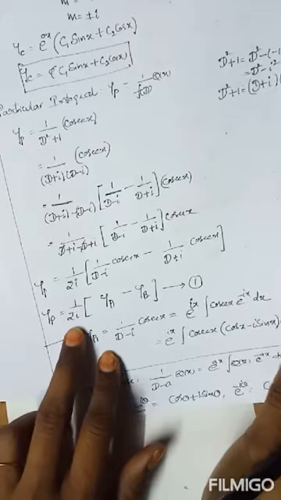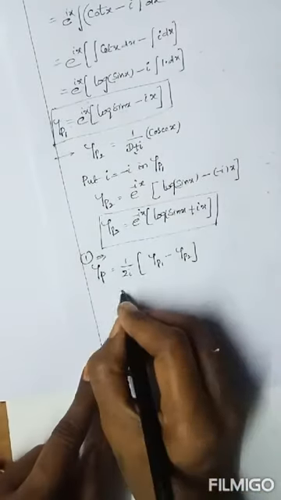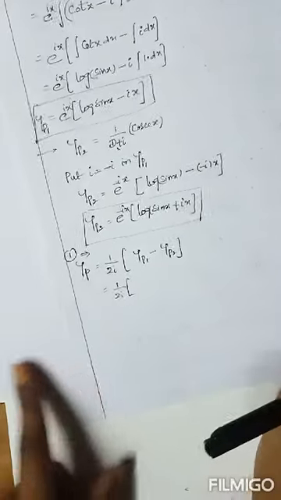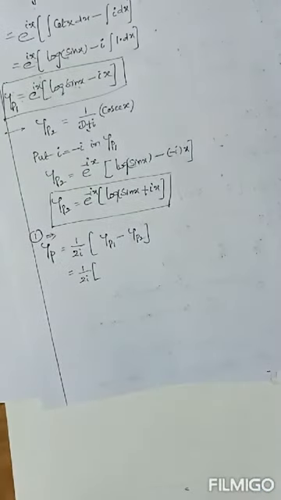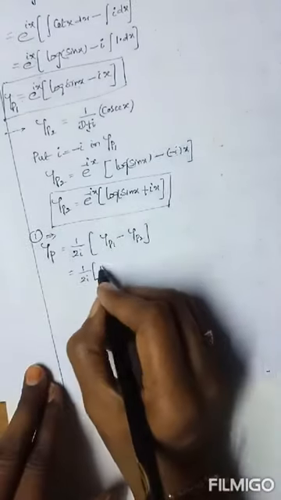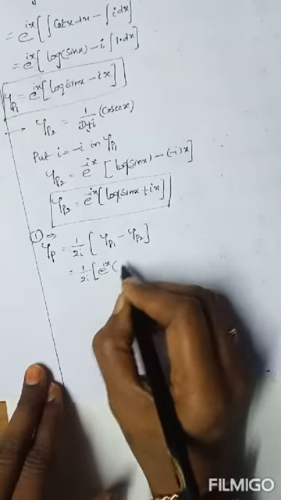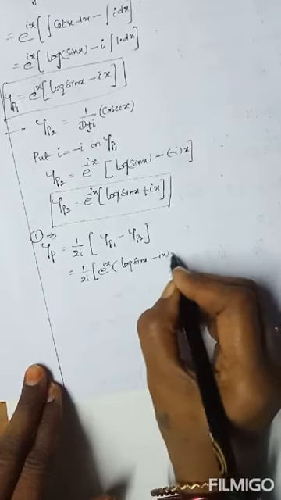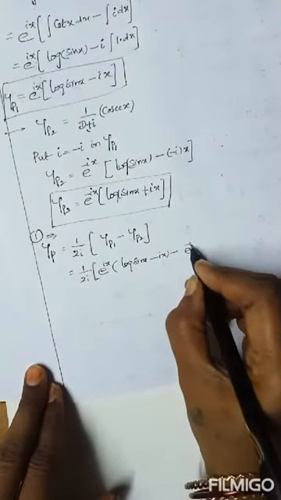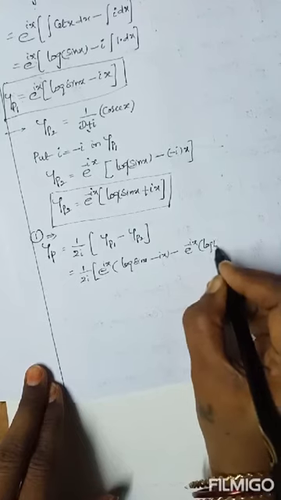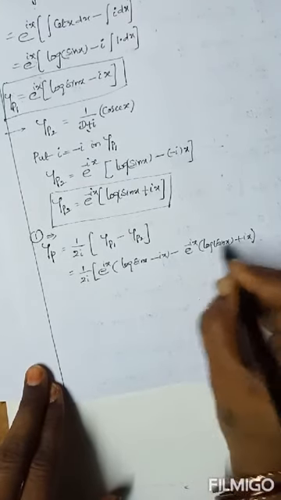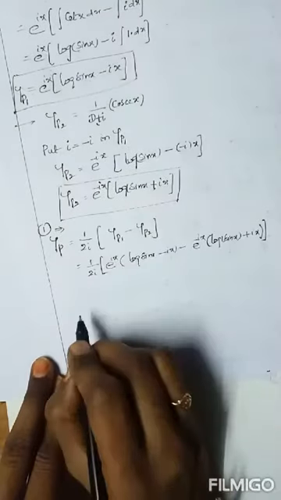Previously we have written yp equal to 1 by 2i into yp1, which is the result before, e to the power of ix log of sin x minus ix, minus yp2, e power minus ix log of sin x plus ix. This is the value of yp.